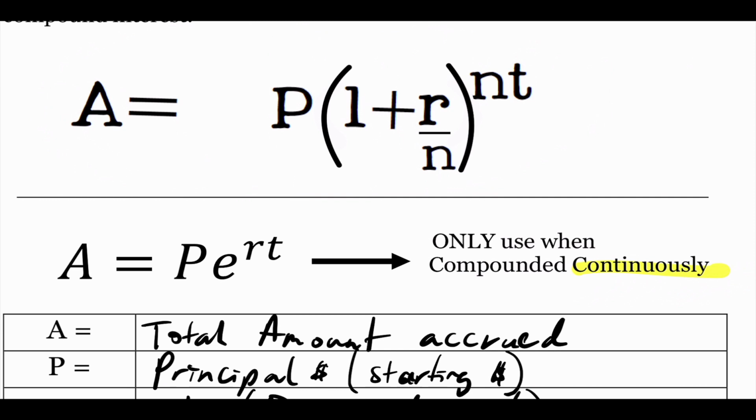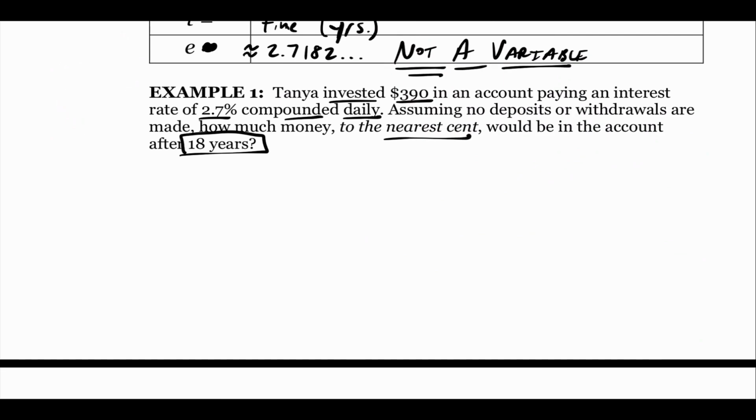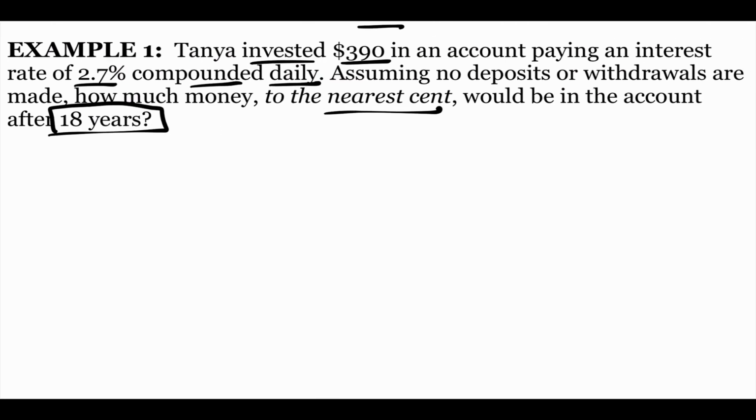How many times is continuously? Is it once? Is it twice? Is it 100 times? Is it 1,000,000 times? I don't know, right? If it says daily, how many times is daily in 1 year? If I do something daily and I do it for 1 year, how many times do I do it? 365. I can put a number on that. Continuously, I can't. Continuously could mean every minute, every second, every day, every year, so that's why we use that one.